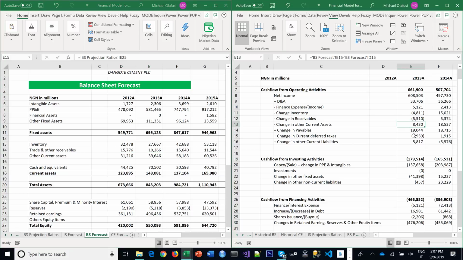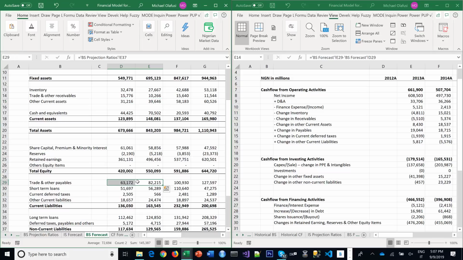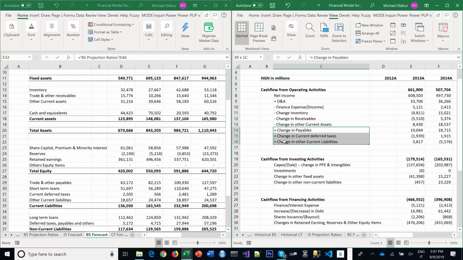Did I pick payables from the right place? Yes. Did I pick current deferred taxes from the right place? Let's check. D31. Yes. Did I pick other current liabilities from the right place? Yes. Did I use the correct signs? Yes.